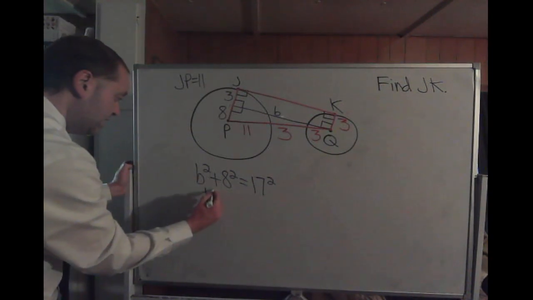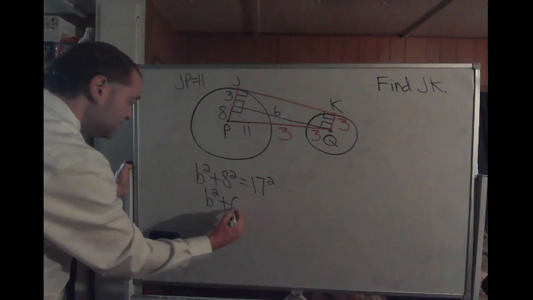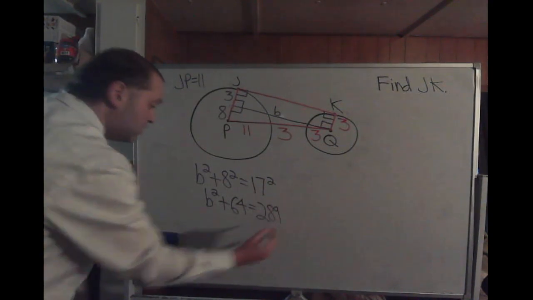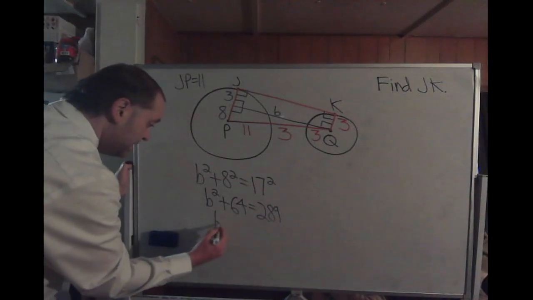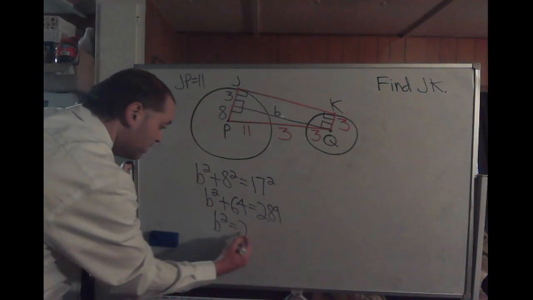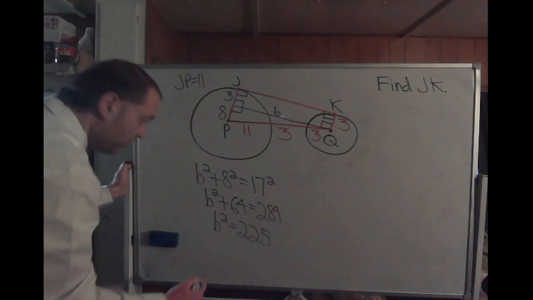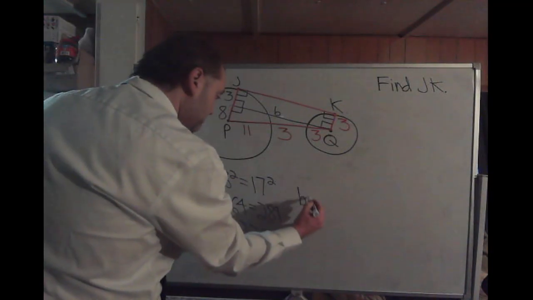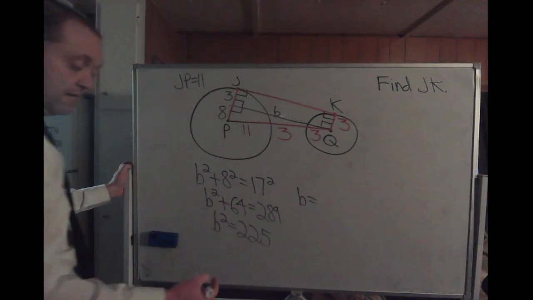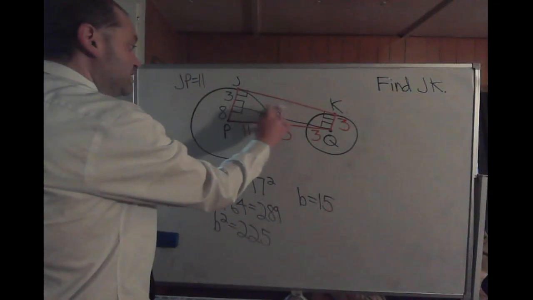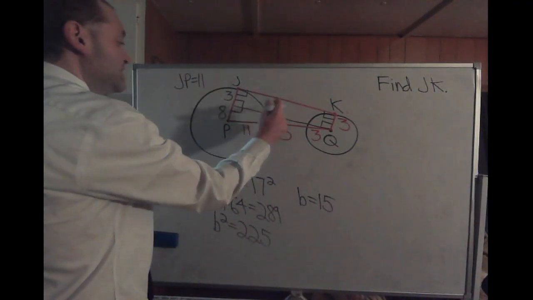Which would mean then that you have B squared plus 64 is equal to 289, which would then give you that B squared equals 225. And of course, we only consider the positive square root, so the length of B would have to end up being what? 15. Alright, so the length of this leg here is 15.